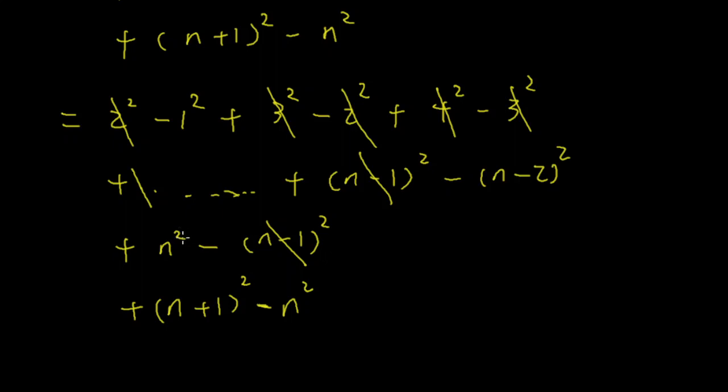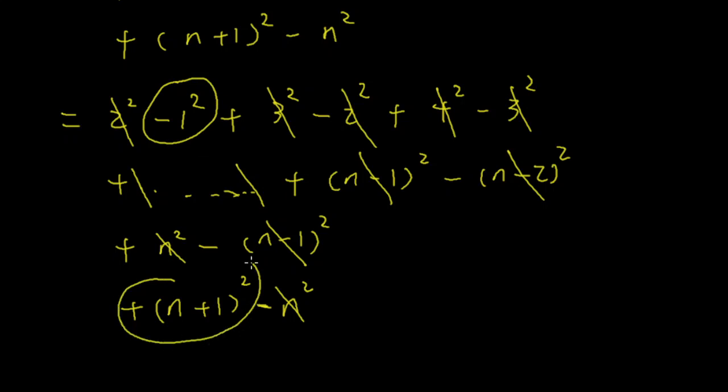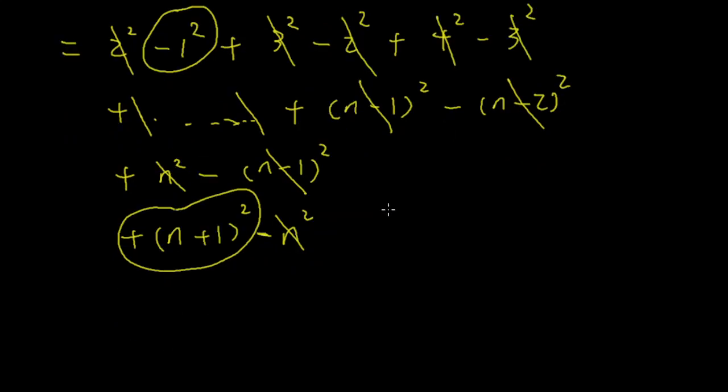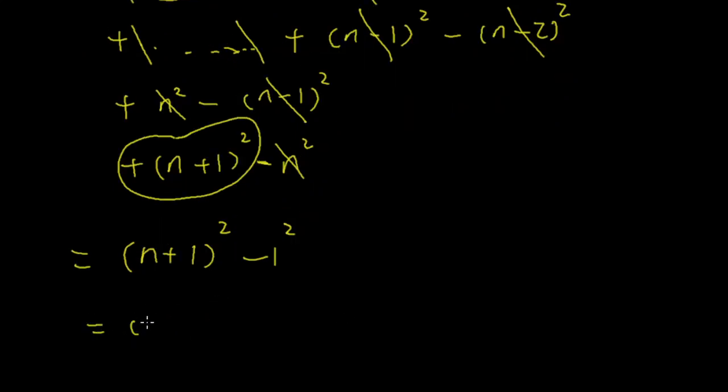And this n squared would cancel out with this minus n squared. Of course, this minus (n minus 2) squared will cancel out with the plus (n minus 2) squared somewhere. At the end, what is left? This one and this one, that don't cancel. So that would be (n plus 1) squared minus 1 squared, which is the same as (n plus 1) squared minus 1.